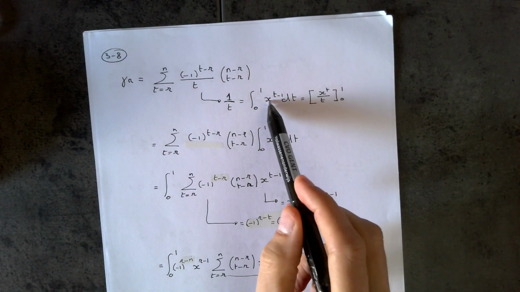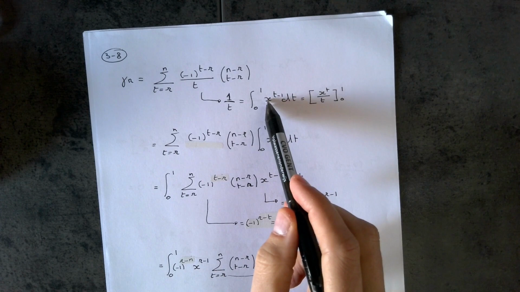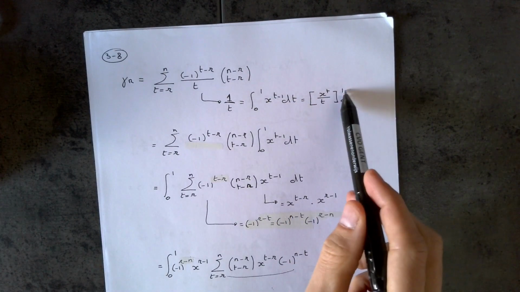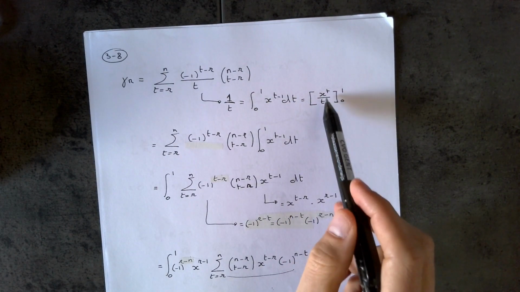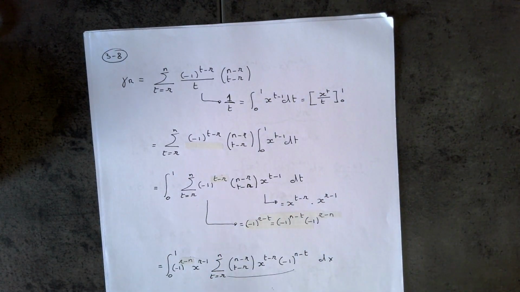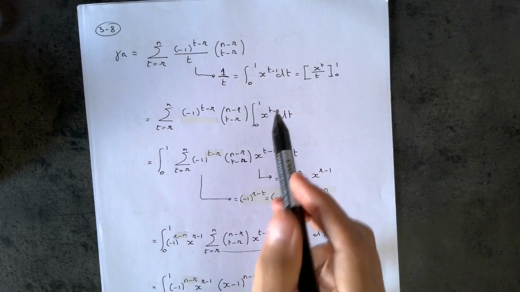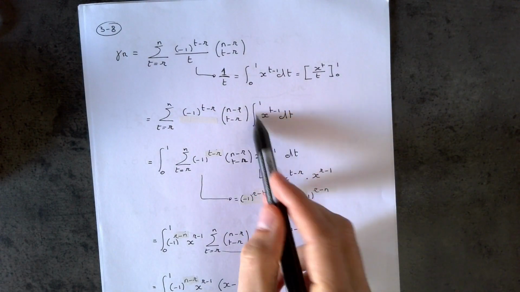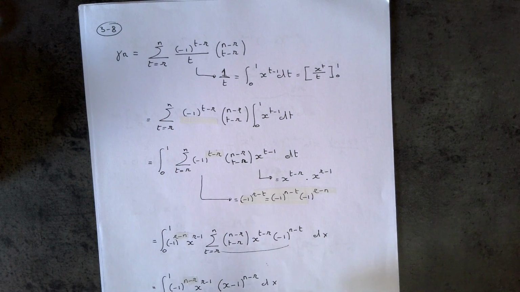And indeed, if you integrate this, what you get is x to the power t divided by t, evaluated from 1 to 0. So this is 1 divided by t minus 0, which is indeed 1 over t. Okay, so if I substitute this here, I get this integral instead of the coefficient 1 divided by t.